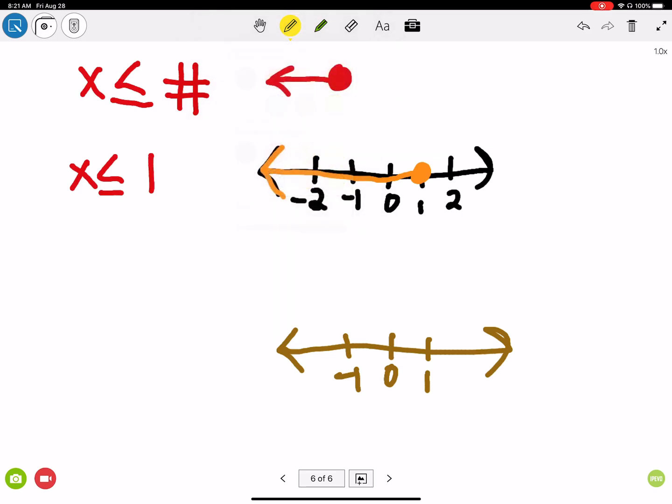This is what I don't want you to do. That doesn't tell me anything. That just tells me that your solution stops. This arrow tells me that it goes on forever, which means there's an infinite amount of solutions, which there are. X can be so many different numbers. Literally anything less than or equal to 1.